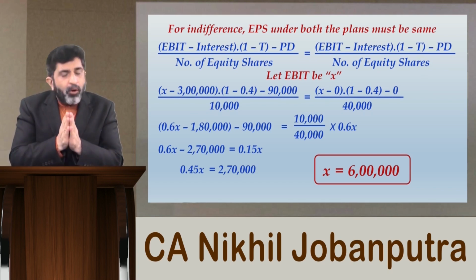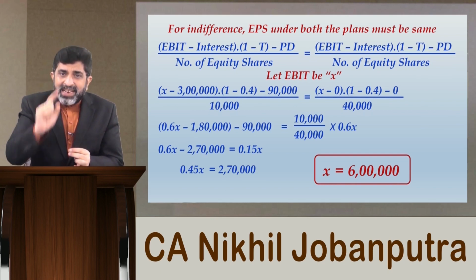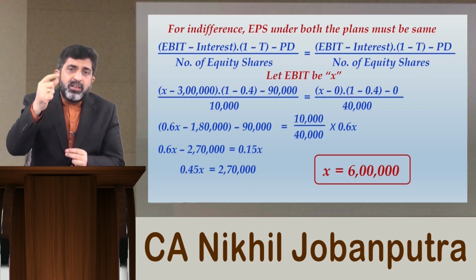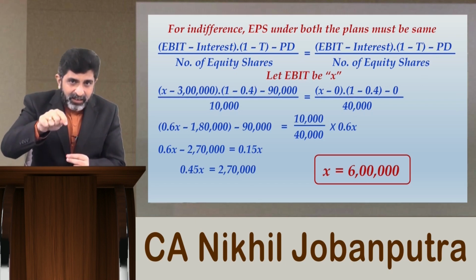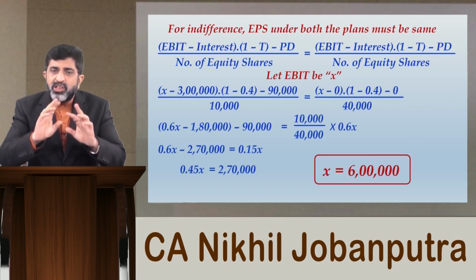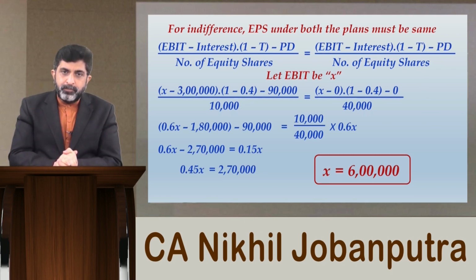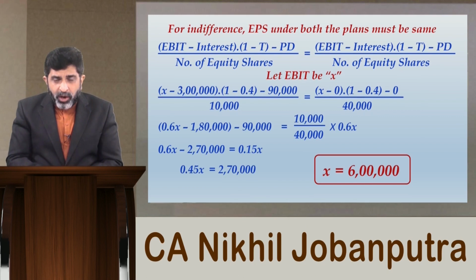So of course when tax rate changes, it will create impact on calculations only and only when the preference share is present. If preference shares are not involved in the given case, change of tax rate will not affect your calculation ever. So I am sure you are clear with this point.